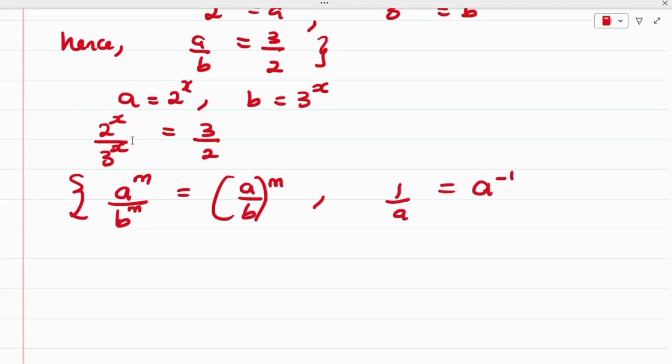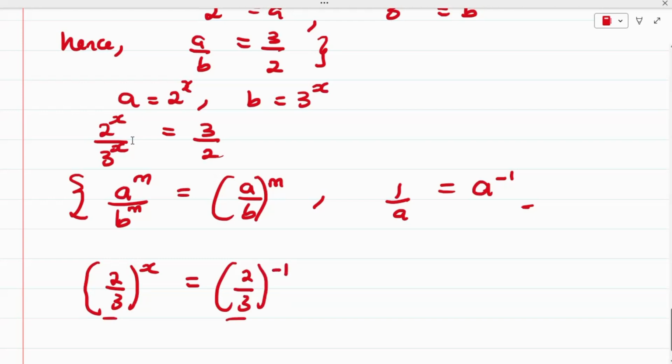So we're going to apply this to the left hand side and this to the right hand side. For the left hand side, we have 2 over 3 all raised to the power of x is equals to, so if you take the inverse of 3 over 2, we're going to have 2 over 3 all raised to the power of negative 1. Now, since the bases are the same, all we have to do is to equate the power. So therefore, we have that x is equals to negative 1, and we have the first value of x.